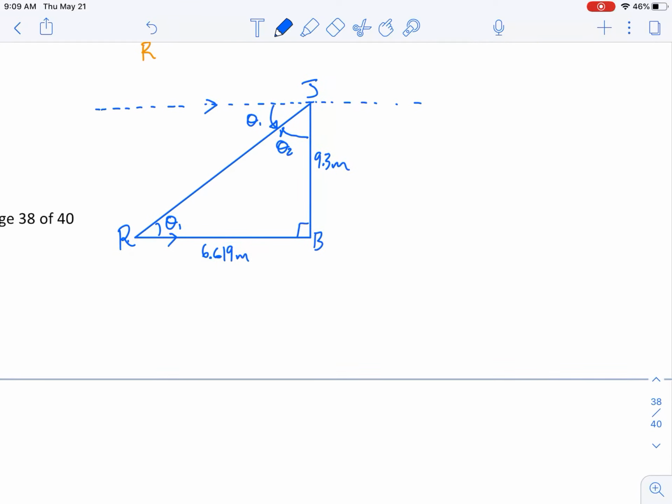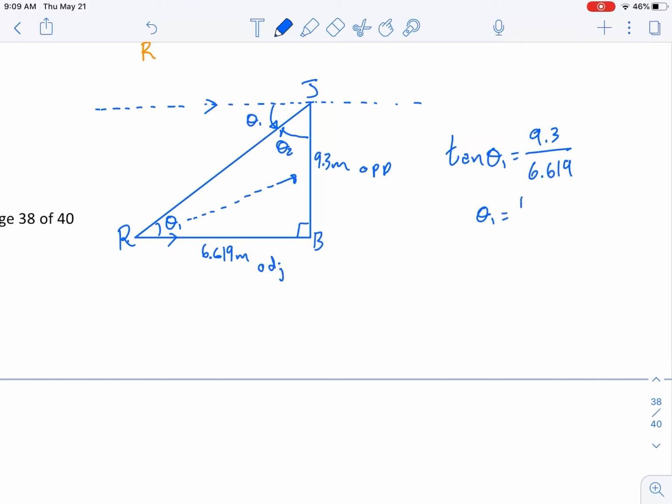So if we are looking for this angle theta 1, it's the same here due to the Z pattern. We can say that this must be the opposite. This must be the adjacent. So tan of theta 1 is equal to the opposite, 9.3, divided by 6.619.